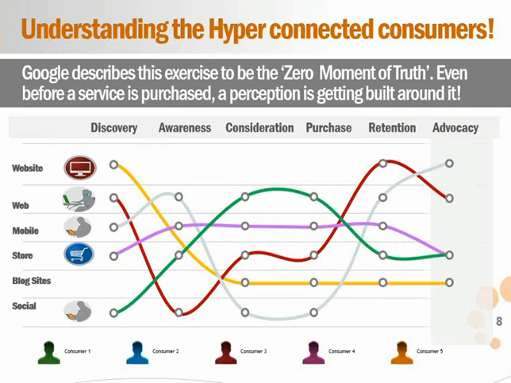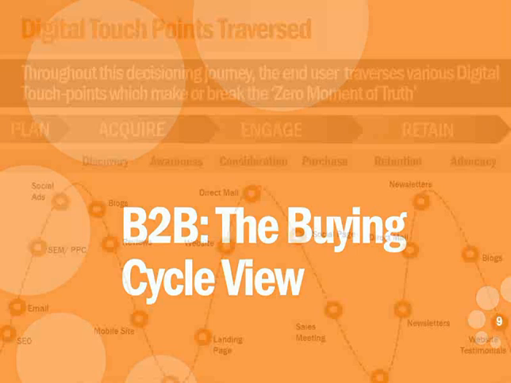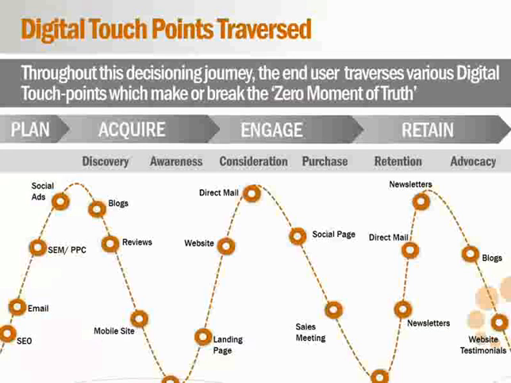But the important point here is what Google refers to as the zero moment of truth: like it or not, there is a perception built around your product even before it's purchased. It's moving so fast, so there has to be a mechanism for you to be able to engage and communicate with this customer of yours. So what does this really mean, from a marketing standpoint?